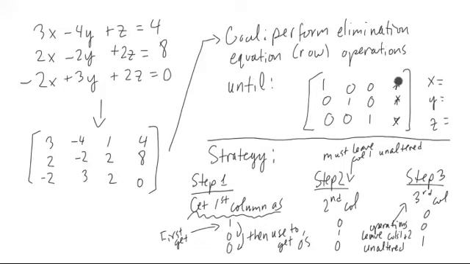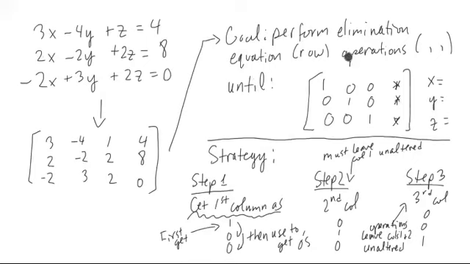I just put stars here, because I don't know what they are, but no matter what it is, it'll be x is equal to that thing if we write this out, because it's 1 times x plus 0 is equal to that. So it'll be an x equals. This line will be a y equals. This line will be a z equals. In other words, we'll see what x, y, and z should be, and we'd write the solution as an ordered triple with the x value, the y value, and then the z value. So this is the goal. This is what we'd like to obtain by doing elimination.